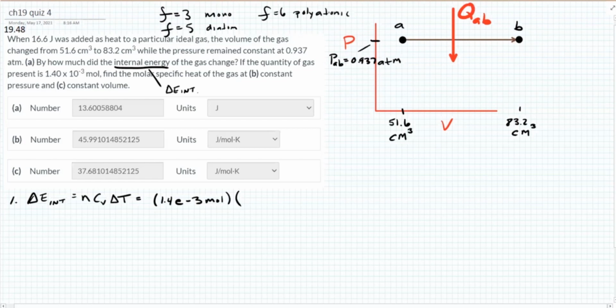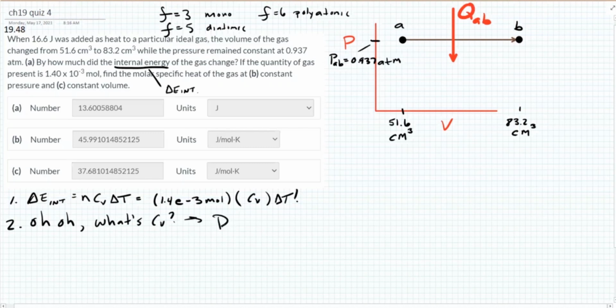Does this talk about whether it's a monoatomic, a diatomic, or polyatomic gas? No. So I don't know CV. I don't know enough to know what CV is. So CV delta T, and then I'll start panicking and say, what's CV?